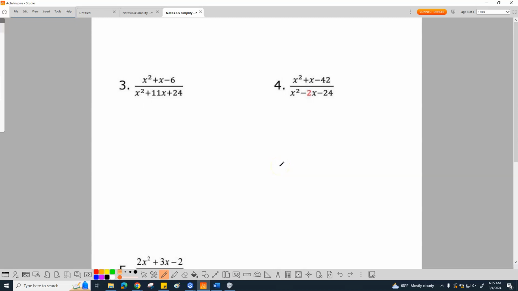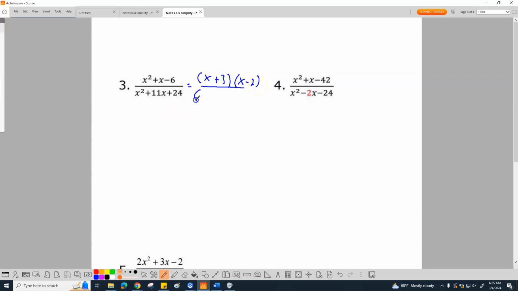Number 2, you're going to see this. Sorry, not number 2, number 3. This requires ABC. I'm not going to do the whole ABC at this point. Y'all need to jog your memory and figure out how to do this yourself. The top part comes out to x plus 3, x minus 2. That's what the top one comes out to be.